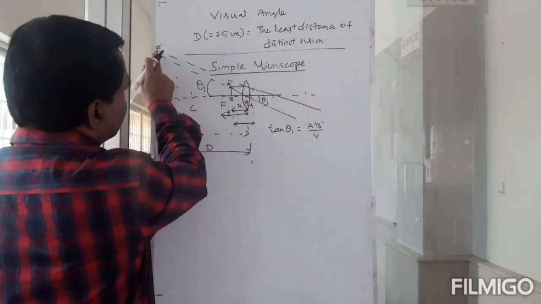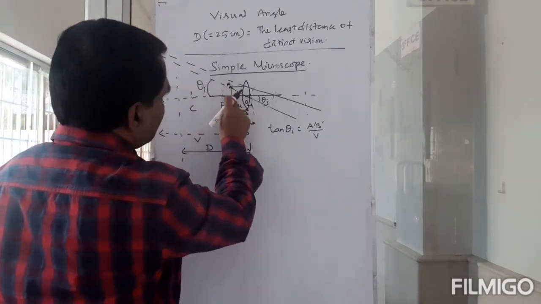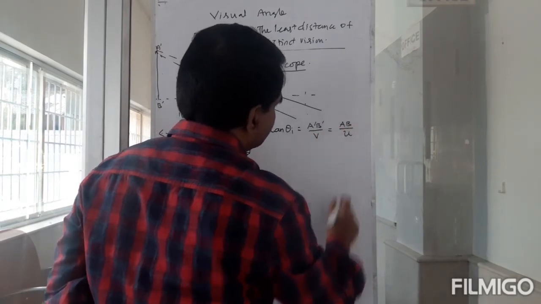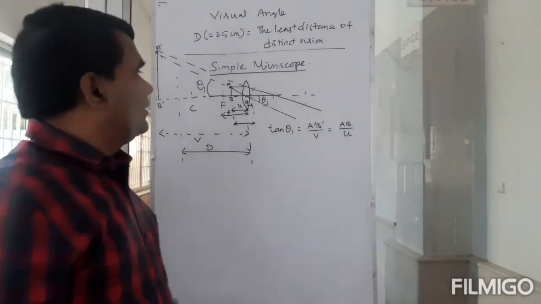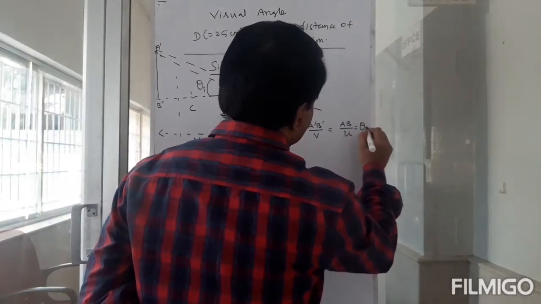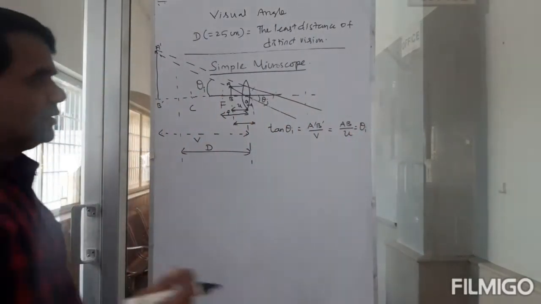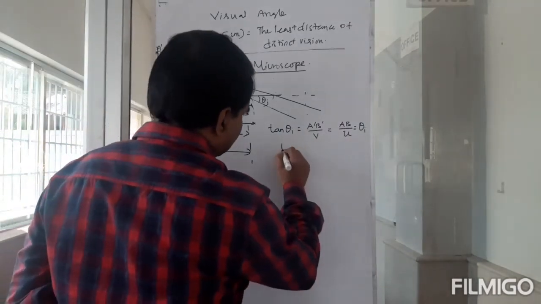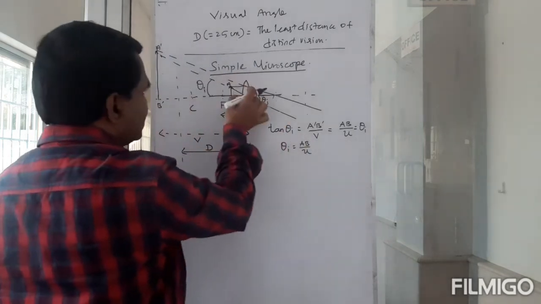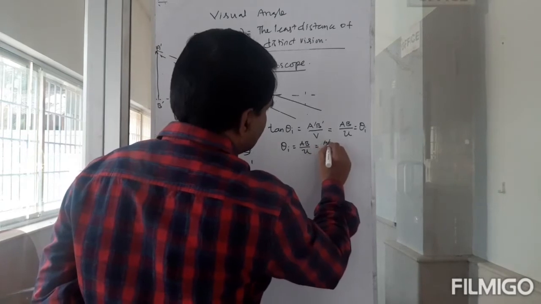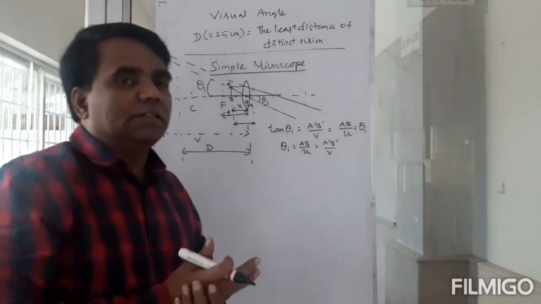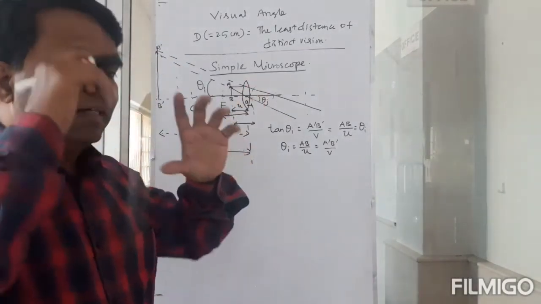Now notice here, that's the same as this, AB by U, and it is also equal to AB by U. And if the angle is small, then tan theta I is equal to theta I. So if I want theta I, then I can say that it is either AB by U or A dash B dash by V. That's fantastic. Good. So I got the angle.